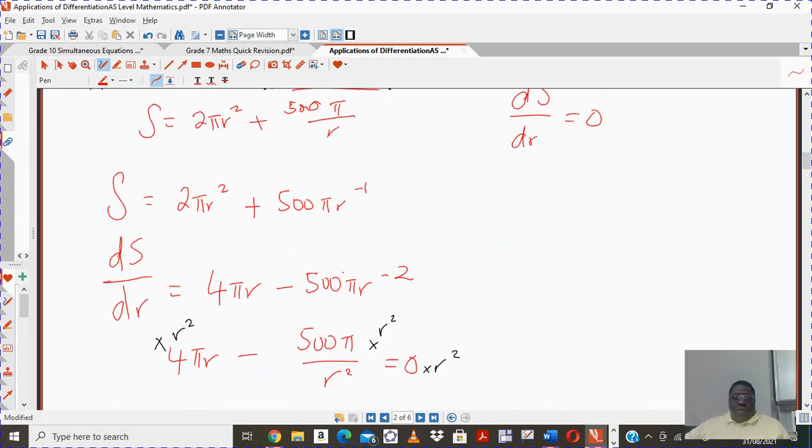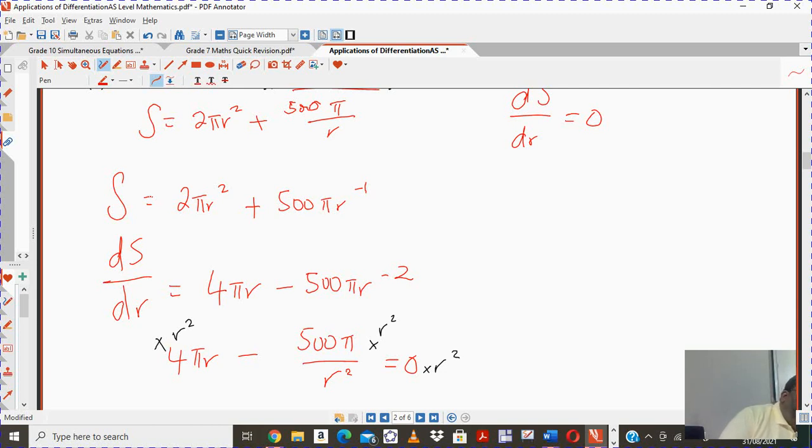Right, so the value of S will therefore be, now you need to substitute that into the original equation because we are looking for the value of S. We're not looking for the derivative. We have used the derivative when we said that equal to 0. So you're going to substitute that into our value of S.